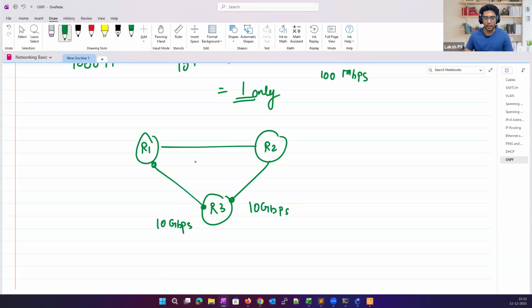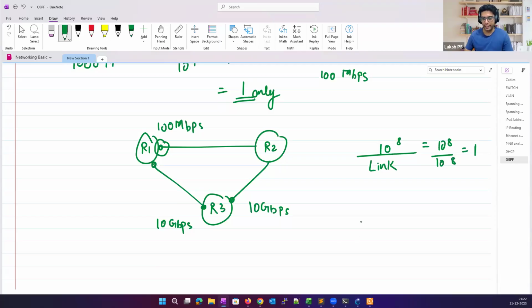Obviously, 10 Gbps links are faster than a 100 Mbps link. But as per OSPF, 10 power 8 is the reference bandwidth that it uses divided by your link bandwidth. Correct? So for a 100 Mbps link, it will be 10 power 8 divided by 10 power 8. That gives us the value of 1.